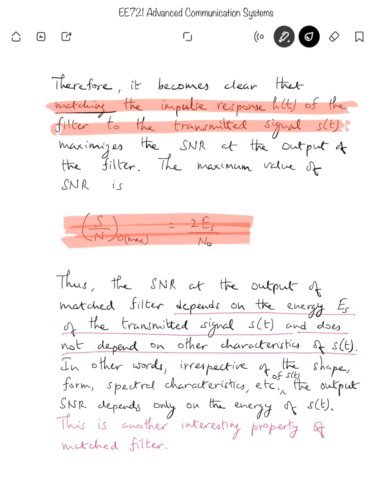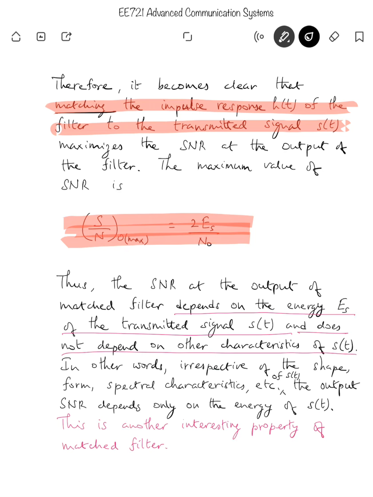Okay, so that's another interesting property of the matched filter, that the signal to noise ratio at its output depends on the energy of the signal that we transmit, but it is oblivious to the other aspects, the other characteristics of the transmitted signal.